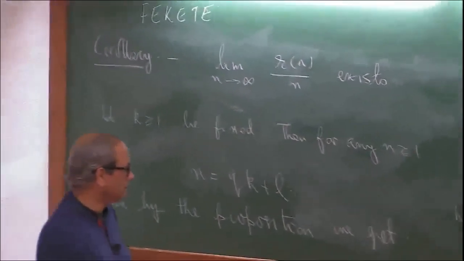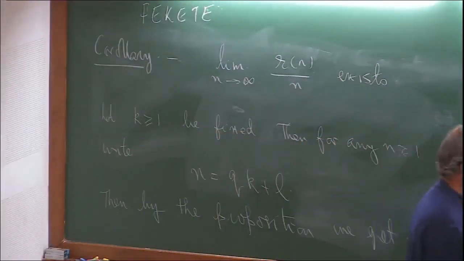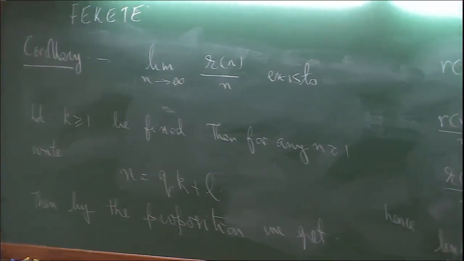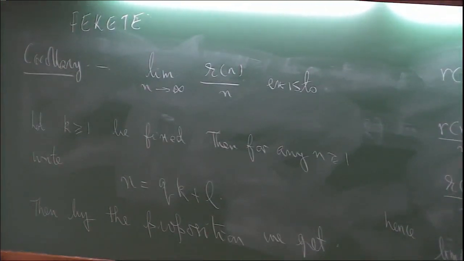Okay? So this tells you that Rn by n has a limit, and the form of Roth's theorem we prove is that in fact this limit is 0. I mean, it would be extraordinarily surprising if this limit were not 0. That would be a new natural constant, the limit of Rn by n. Highly unlikely that it's anything but 0.